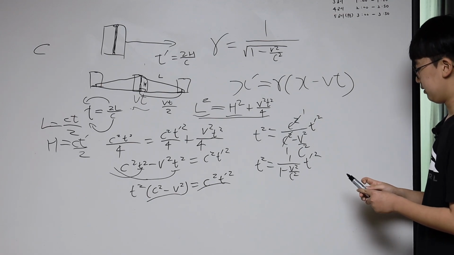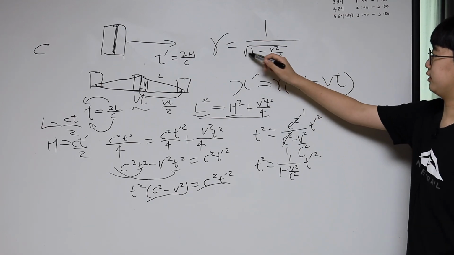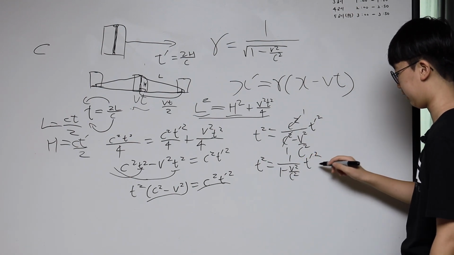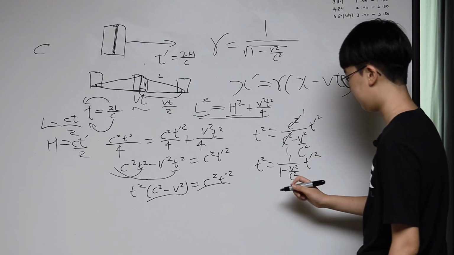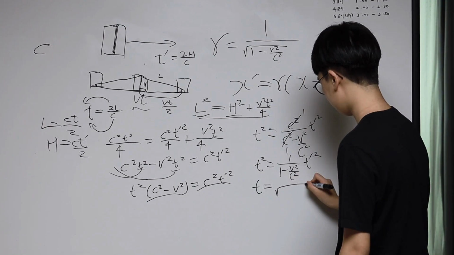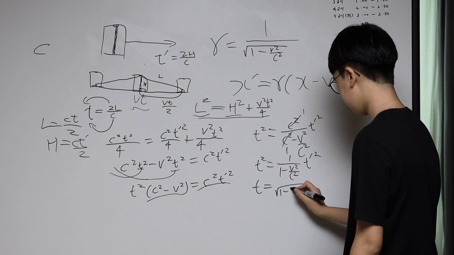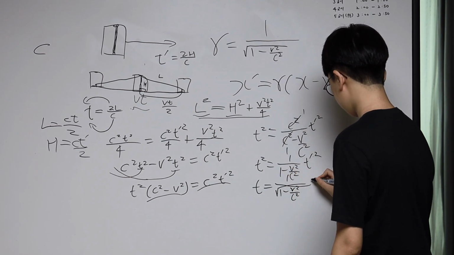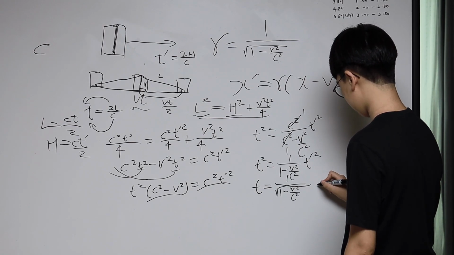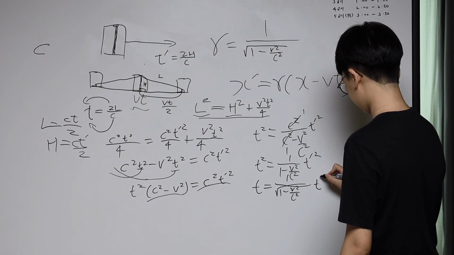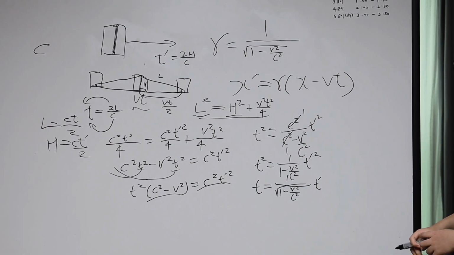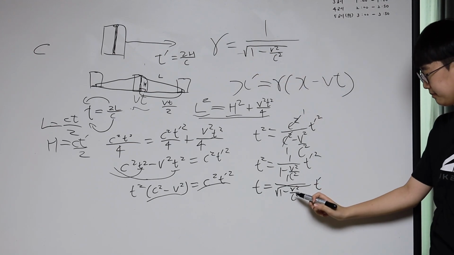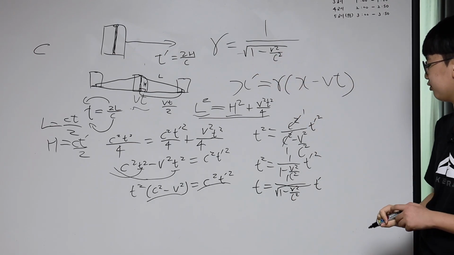If you try to put a square root on 1 it doesn't work, so we just put it on the bottom part. t would equal this thing multiplied by t prime. So you can see it's gamma, it's gamma t prime.